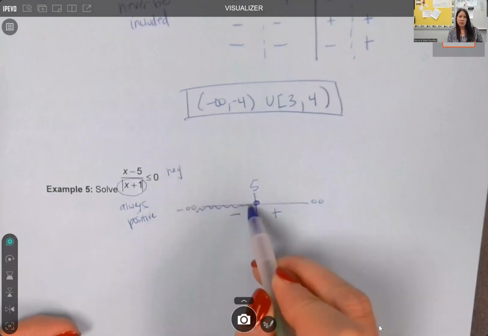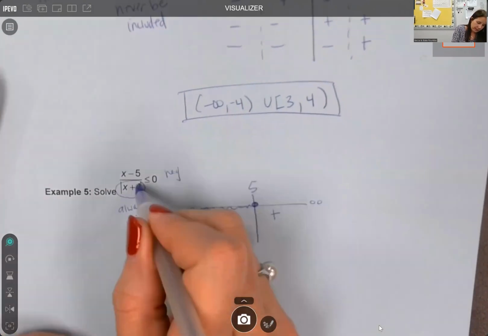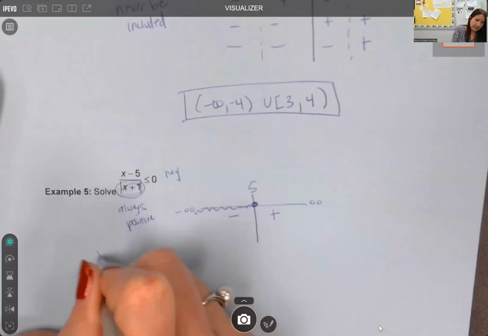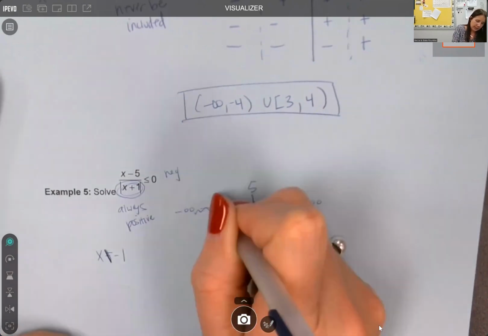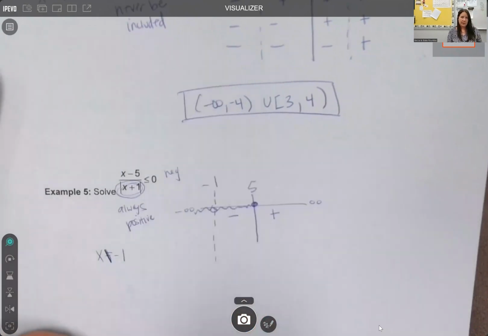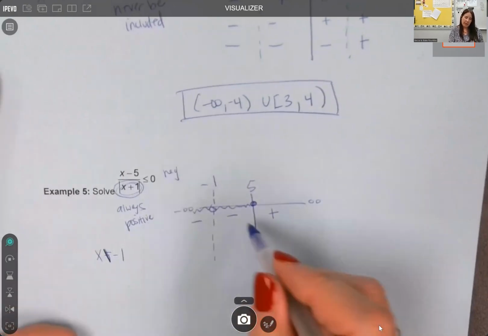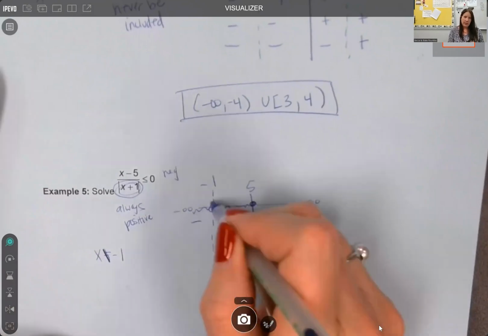Now, I do have to keep in mind that there is a break right here. If x equaled -1, I would get 0. So x can't be -1. So we do have an asymptote right here at -1. And they're all going to be negative. I didn't have to do a chart for that, but I do have to stop at the asymptote.